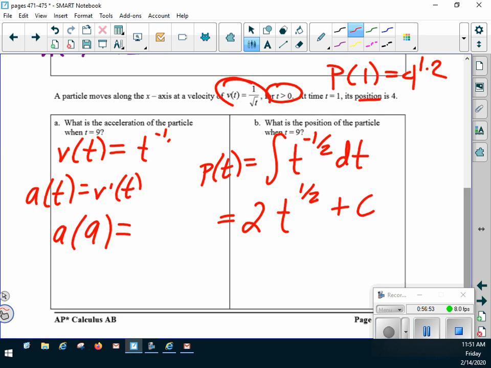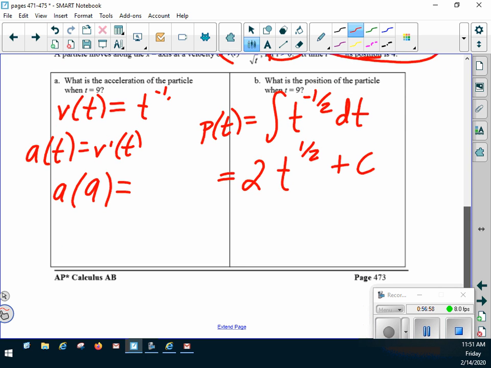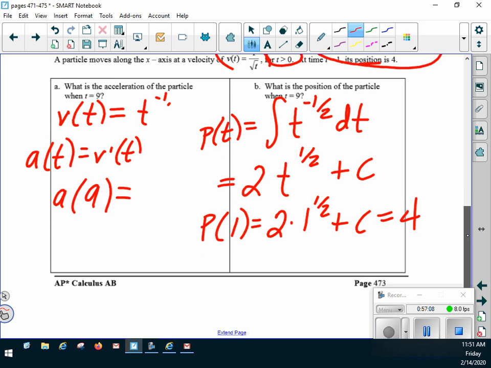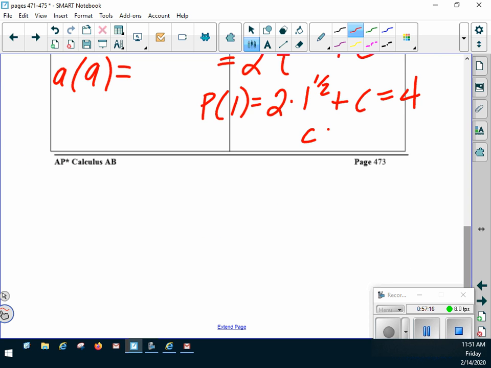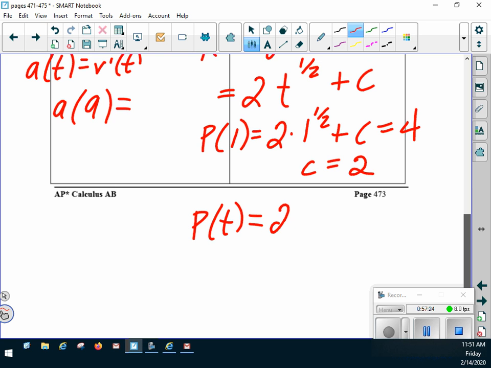But remember, we had that condition, P of 1 is 4. What's C? C is 2. Are you good with C equaling 2? So P of t is, and you can write 2 root t or you can write 2t to the 1/2. It does not matter at all.